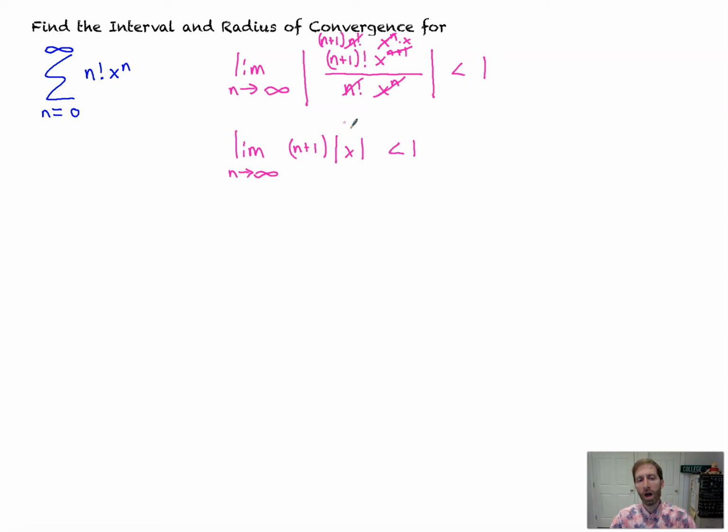Now, before we go on, this goes to infinity times the absolute value of x. X is going to be really big or really small, but the product's going to be really, really big, except the only time this would converge is if x was 0.